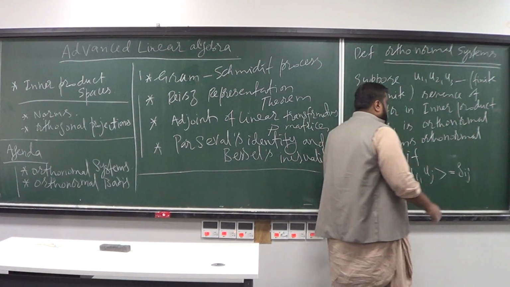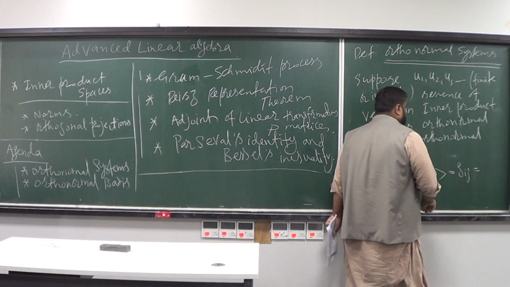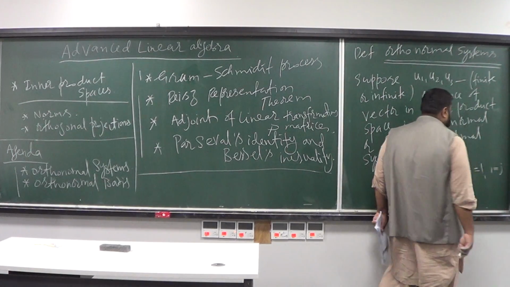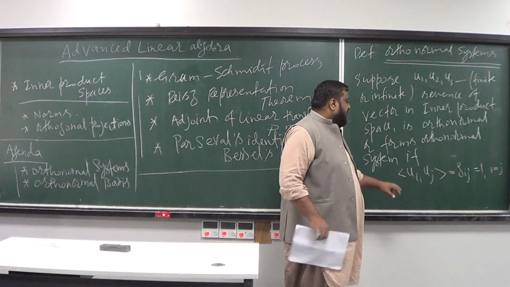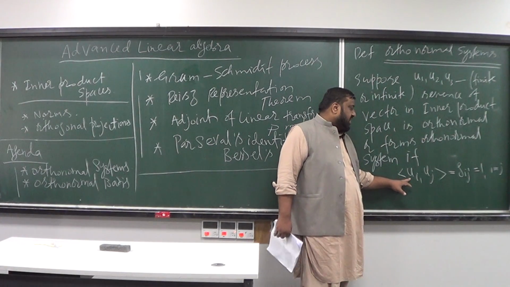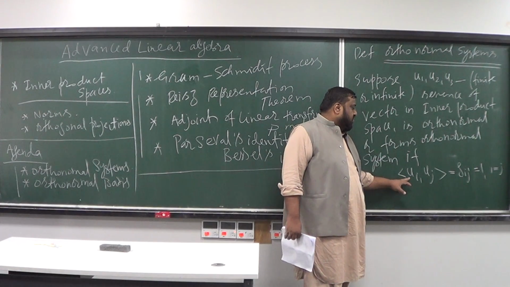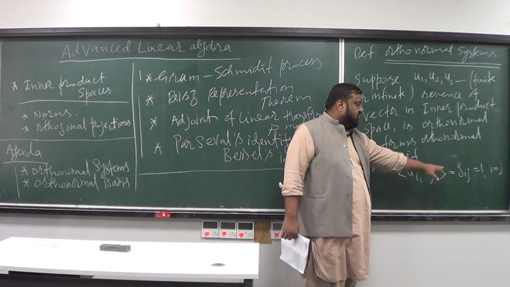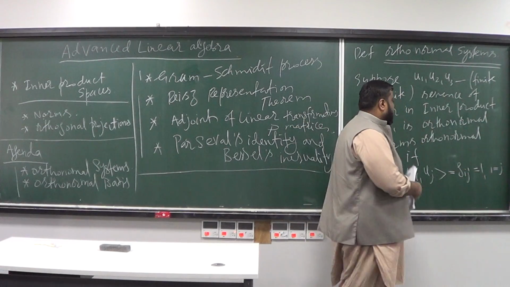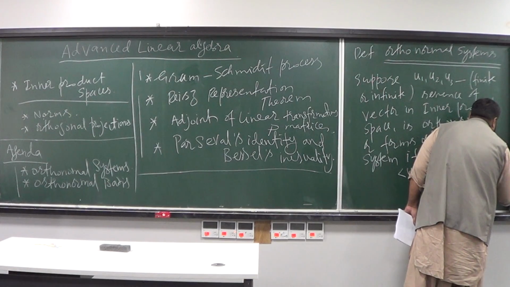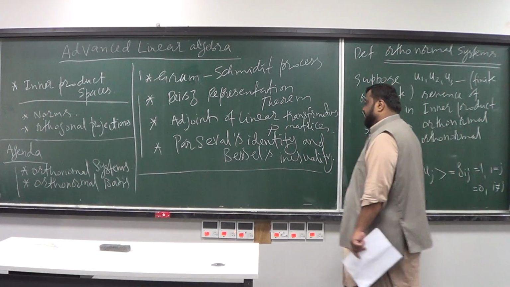That is, this inner product should be 1 if i and j are equal. In other words, if you take the inner product of ui with ui, you should get 1, and it would be 0 if i does not equal j.